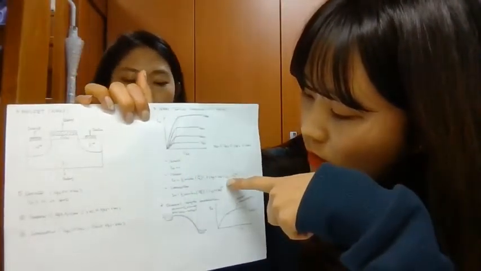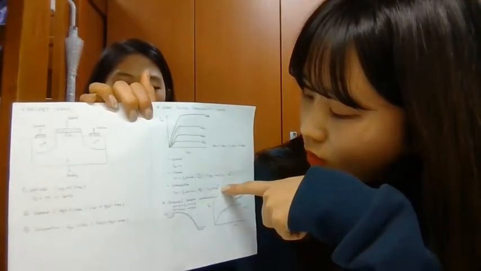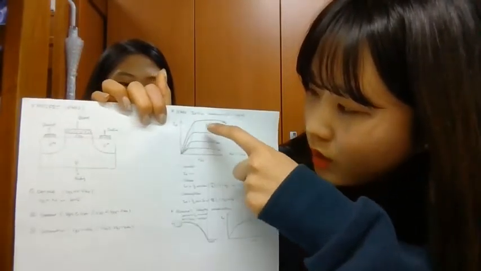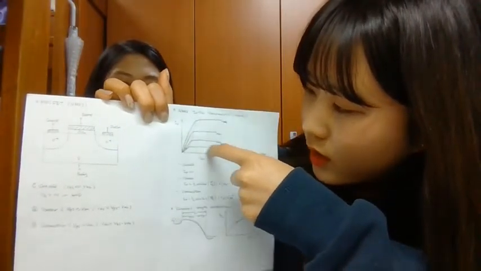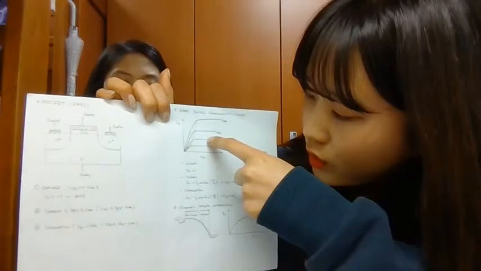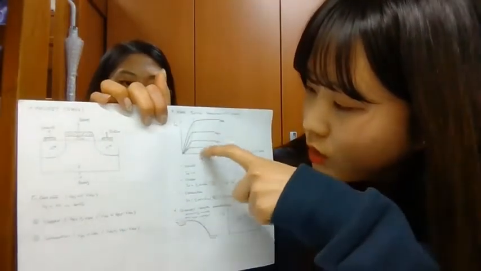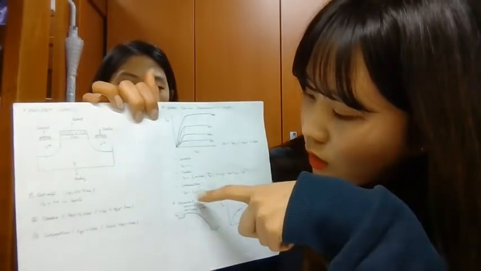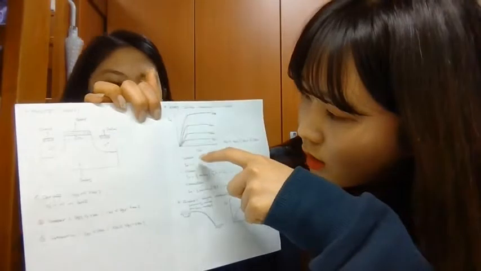The linear state has drain source voltage as a variable, but here there is no drain source voltage. So in this part, when drain source voltage is increased there is no change in the graph. But when gate source voltage goes up, then drain current will be increased.